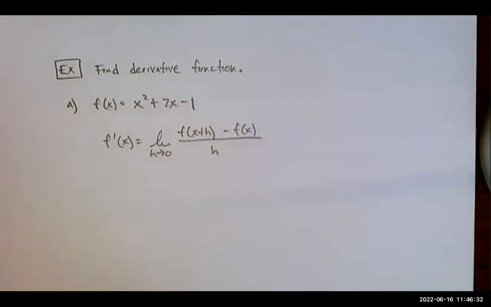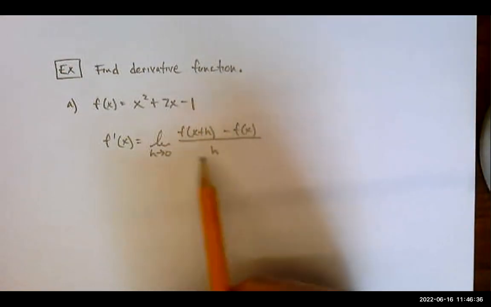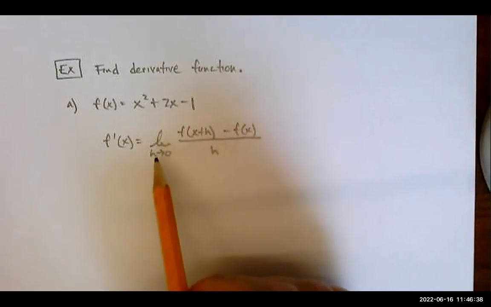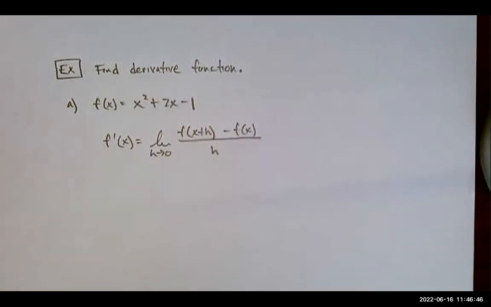Okay, so essentially we're going to set up the difference quotient. We're going to simplify it. And hopefully after simplifying the difference quotient for our function, we'll be able to plug in h equals 0. We'll have already canceled out h's and that sort of thing. We'll be able to plug it in and we'll get a function to describe our derivative.